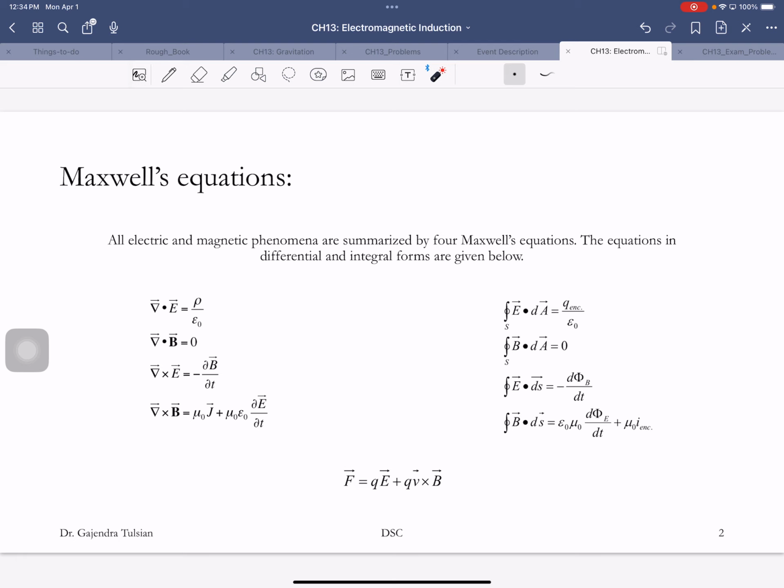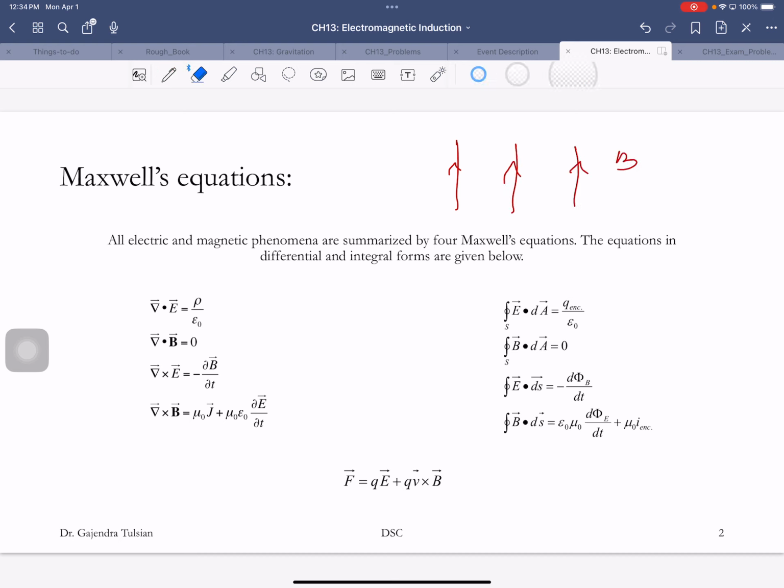Again, we learned that on the right hand side are the causes, and the left hand side are the effects. So what this is saying is, if you have a time varying magnetic field, it produces an electric field. Let's say you have a magnetic field like this.